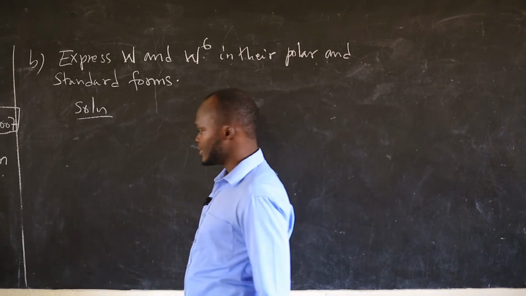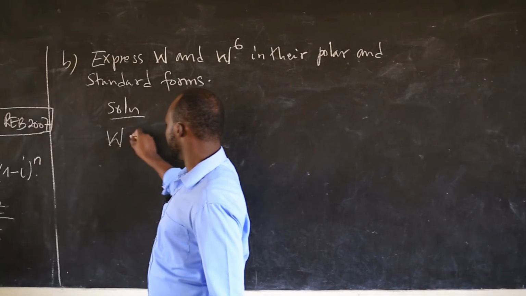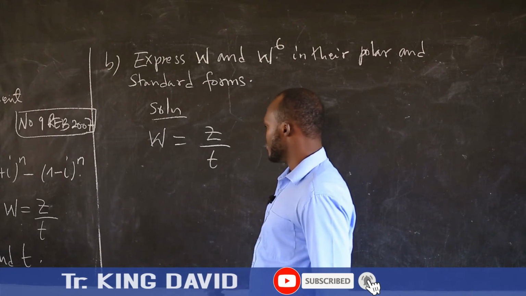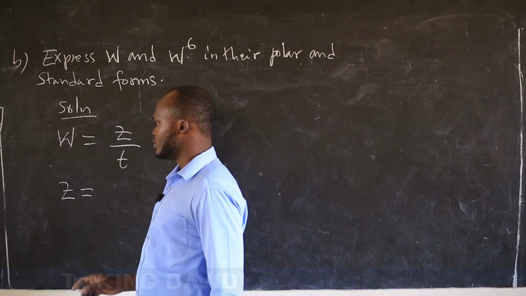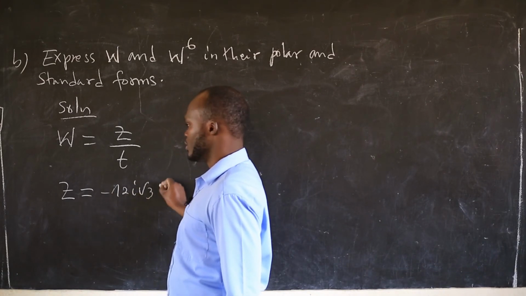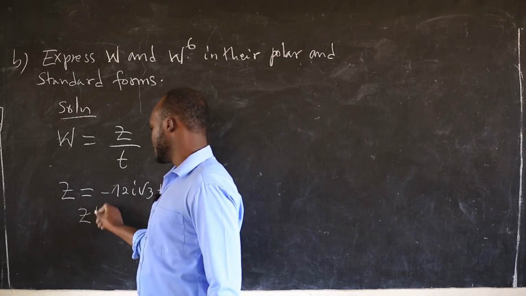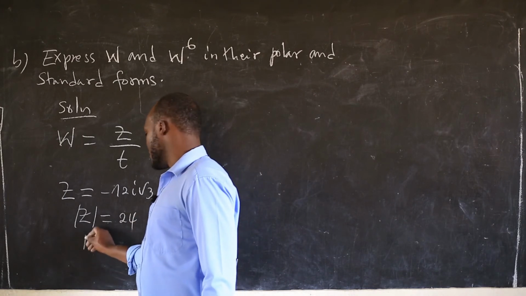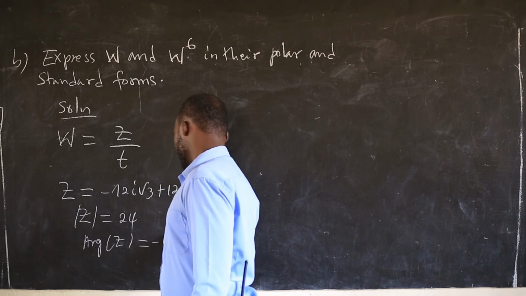So what is w? Remember, w is z over t. W equal to z divided by t. And if you remember, z was 12 minus 12 root 3 i. And you got its modulus, you got that modulus of z, you got 24. And you got the argument of z, we got negative pi over 3.